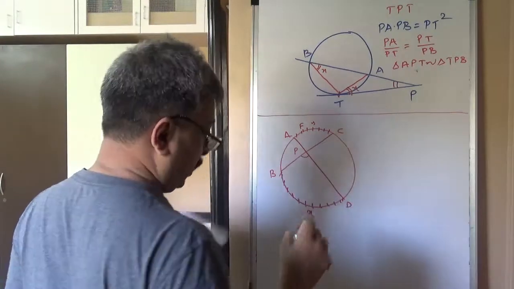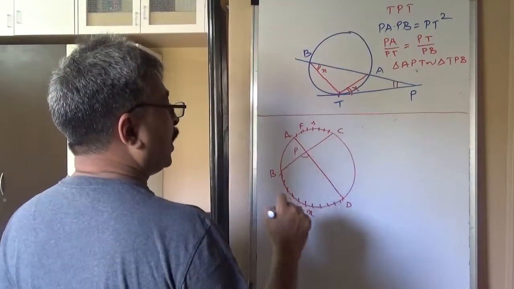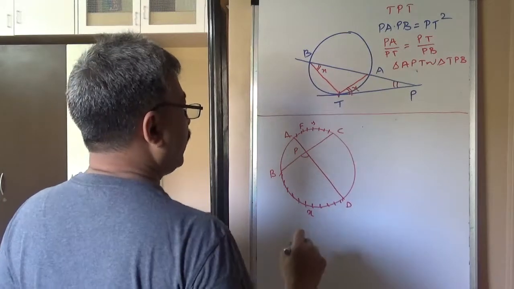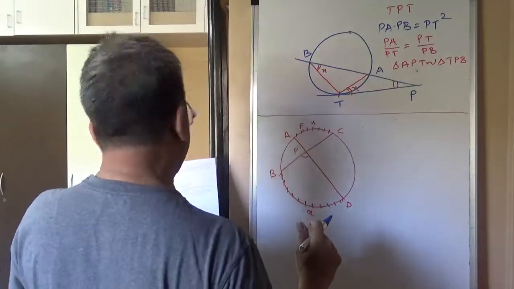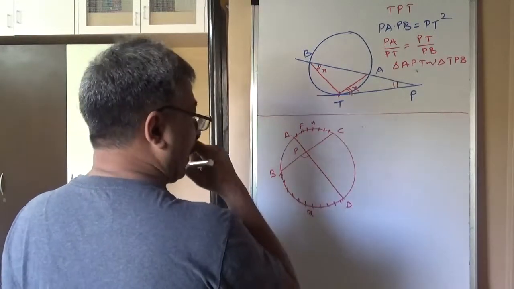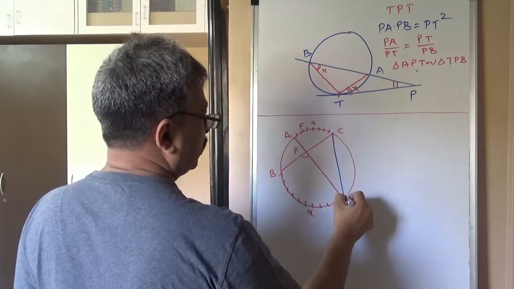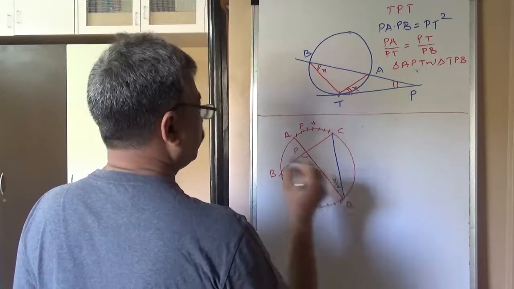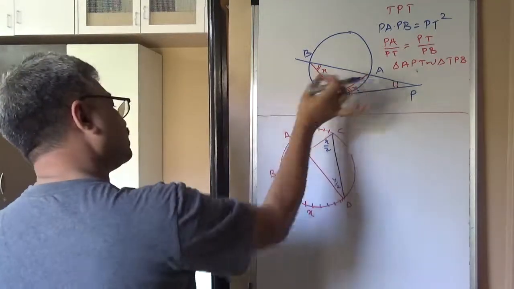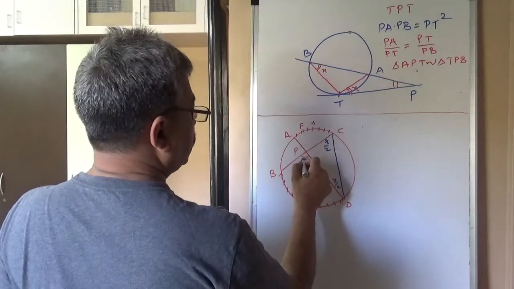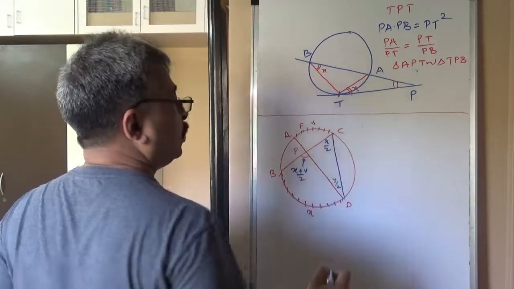Again this is a simple problem. When we say the measure of the arc is Y, its central angle is 2y, and therefore we join some chord giving us this value equal to y by 2, and this will be x by 2 because this is an inscribed angle here, and therefore this angle, which is the exterior angle of triangle PDC, will be x plus y by 2.